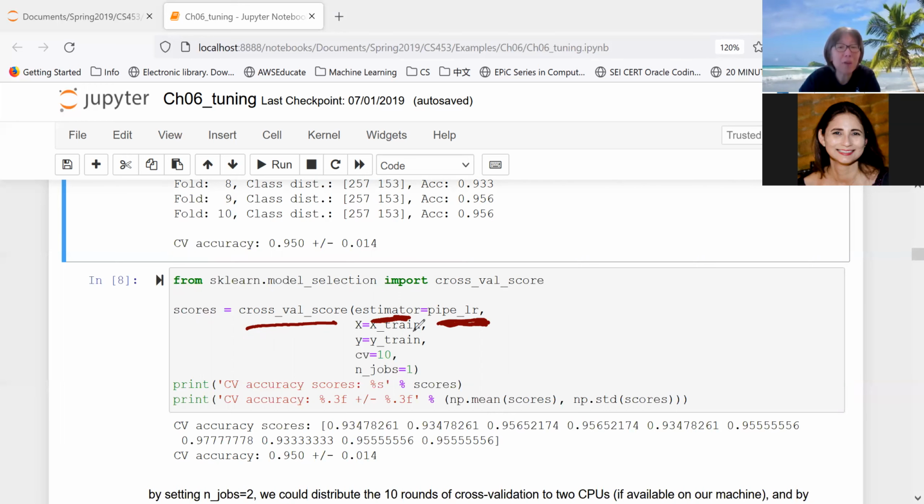Then you just plug in this training data, and this is the number of folds you want it to be split into. Here again, it can give you all of the scores for each fold, and you can also collect the mean and standard deviation.